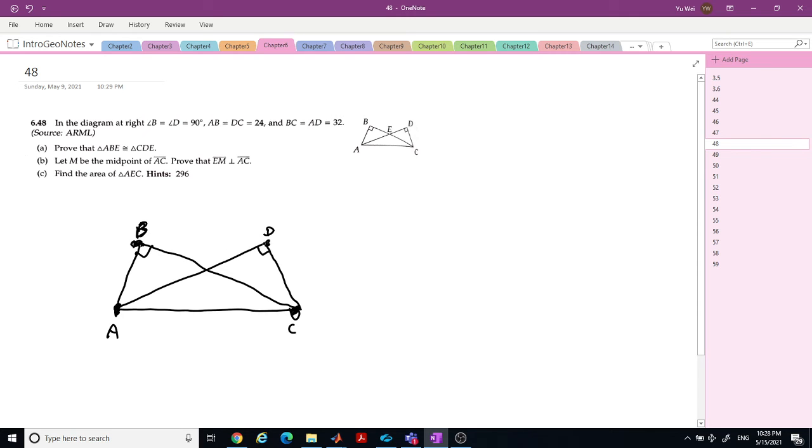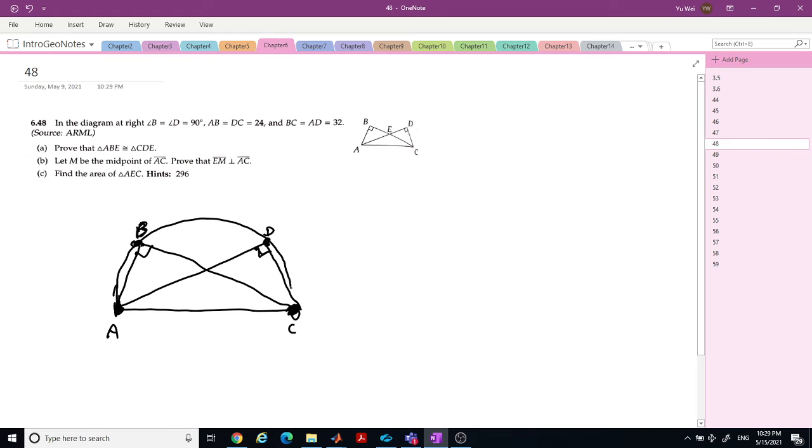This is a very important structure. So you can see AC spans two angles. This is 90 degrees. This is 90 degrees. So they must be on a circle.